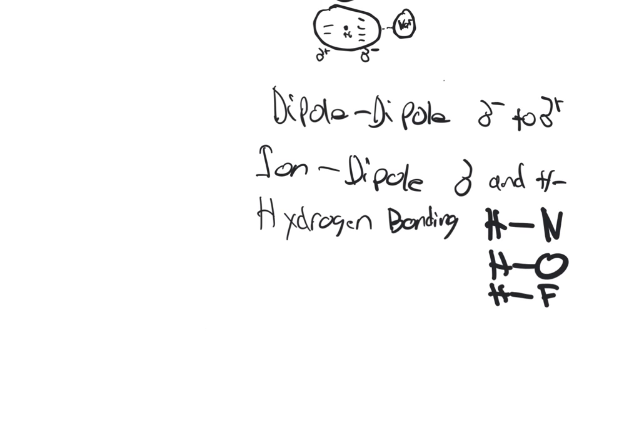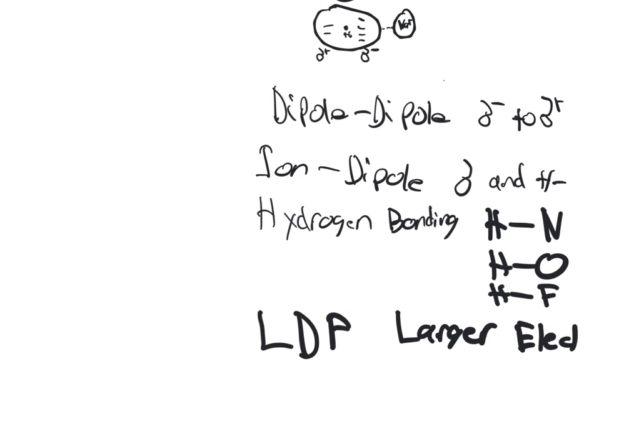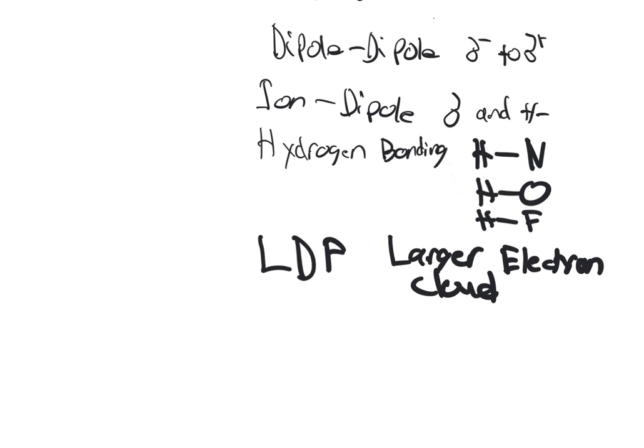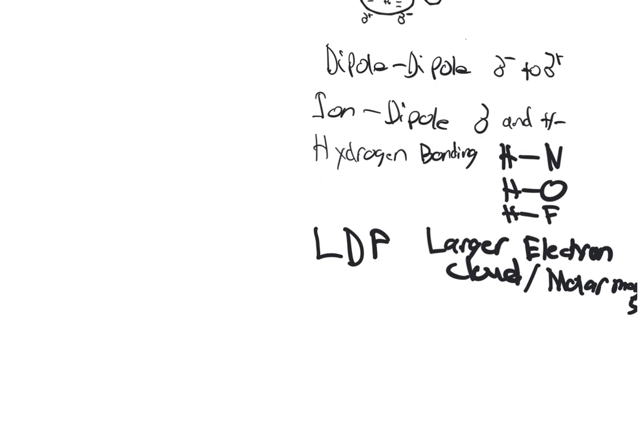And then there's London dispersion forces, which occur when there's a larger electron cloud, which usually happens when the molar mass is increased. That's usually when these forces get stronger.